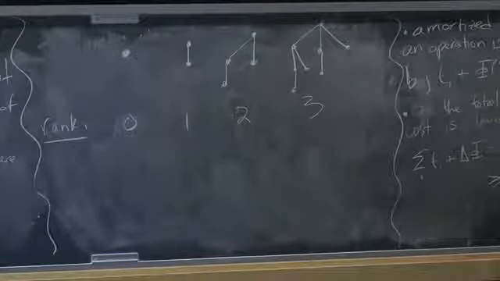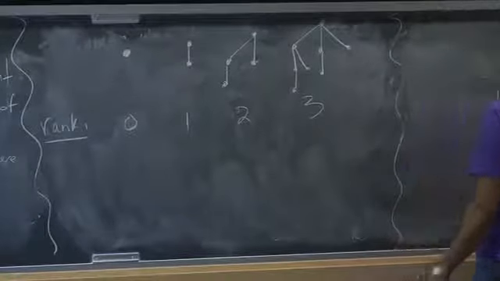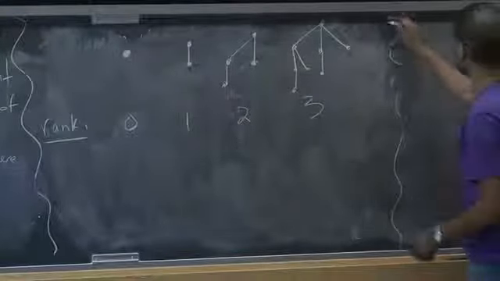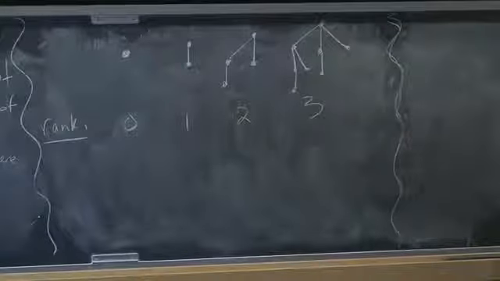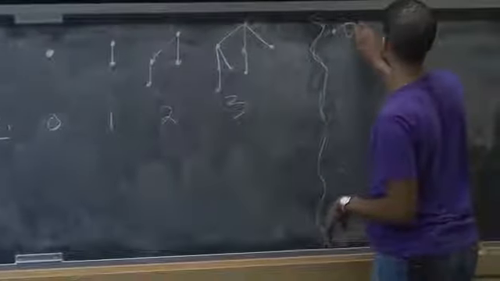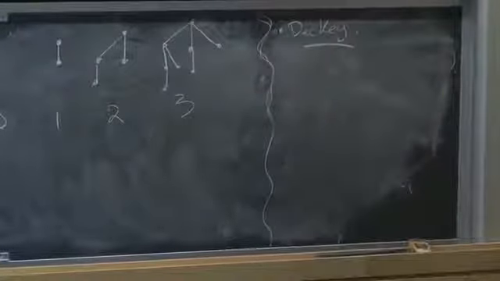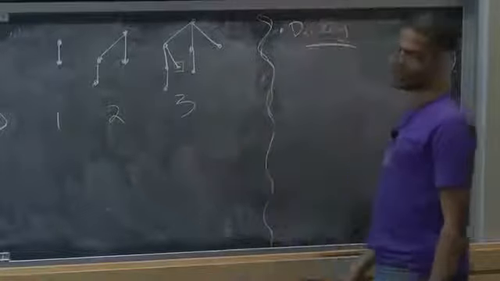Good. Now, how do we do the operations? Decrease key is the easiest. We're given a pointer to some element, and we're told that we're decreasing its key.